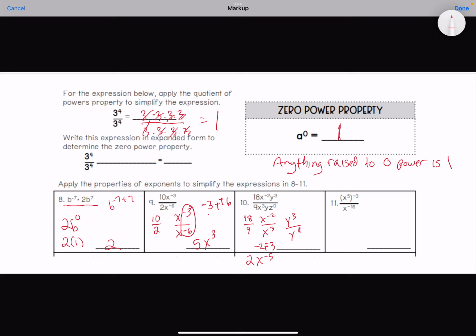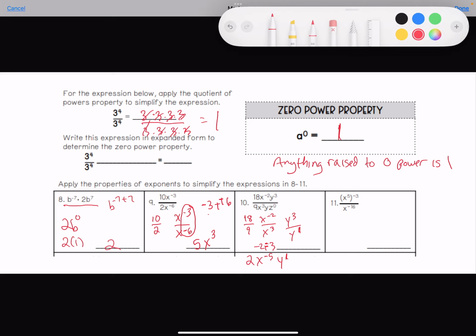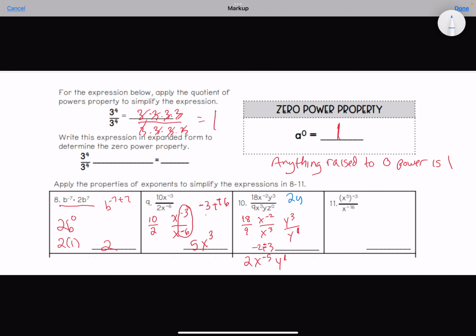So I have y to the 3rd over y to the 1st. I subtract. I'm going to have y to the 2nd power. I cannot leave it like that. You will never see that on a test. Okay, so my answer is 2y over x to the 5th power, because this is negative, you have to drop it to the bottom. Okay? So that's the kind of problem you're going to see most often on a STAR test.